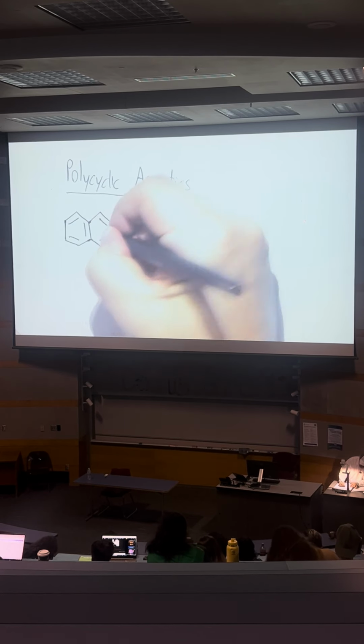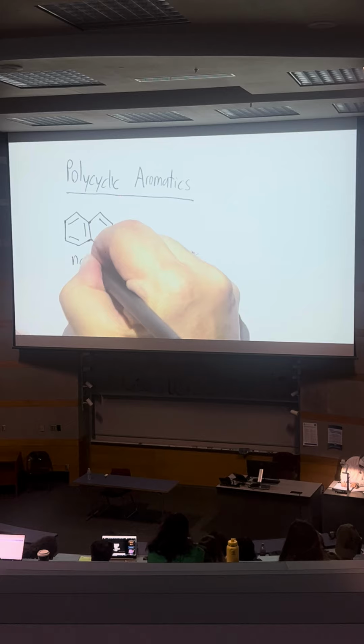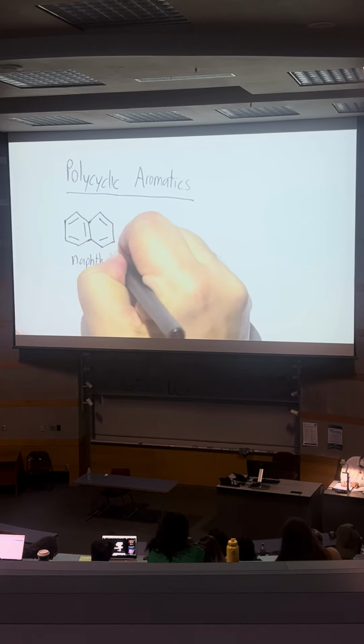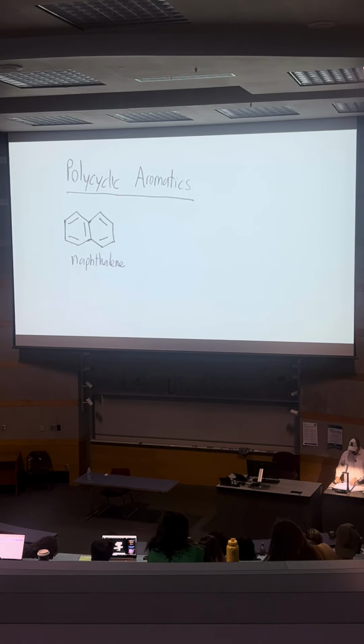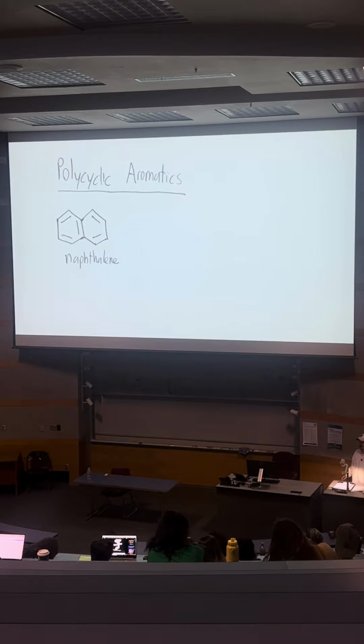This structure right here is naphthalene. Now, you may or may not have smelled naphthalene before. Maybe you know some old aunt or uncle, perhaps your grandparents, maybe your great-grandparents.